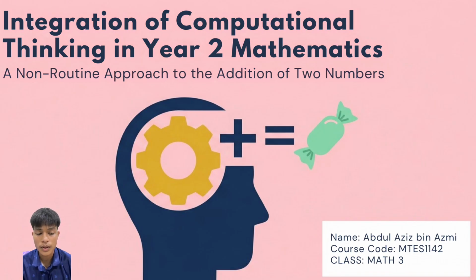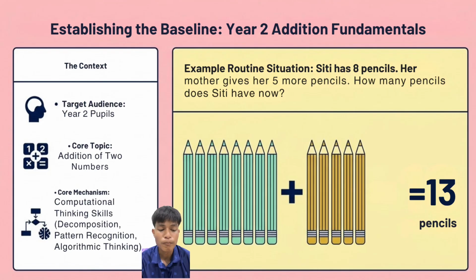This is important because pupils need problem-solving skill not only in mathematics but also in their daily lives. Through this presentation, I will explain how computational thinking can be applied in a simple Year 2 addition lesson.